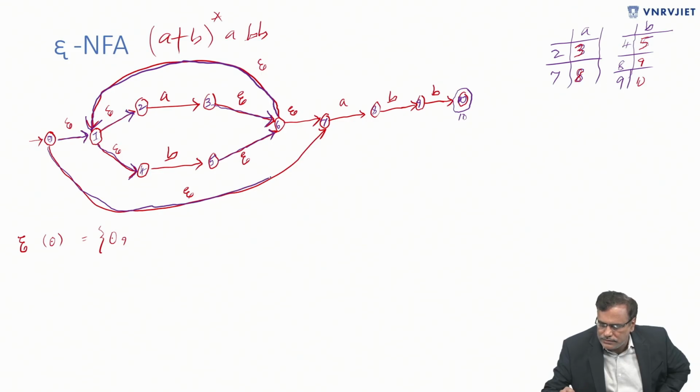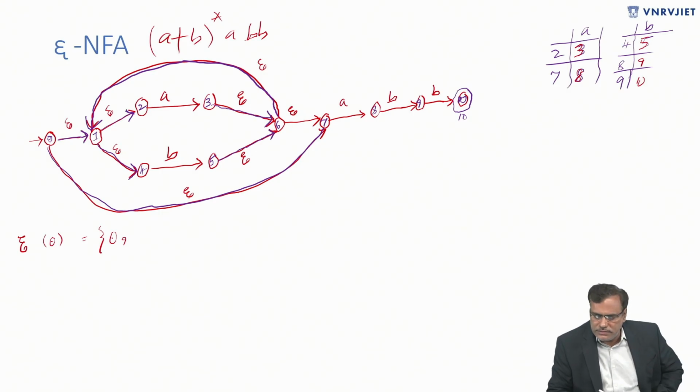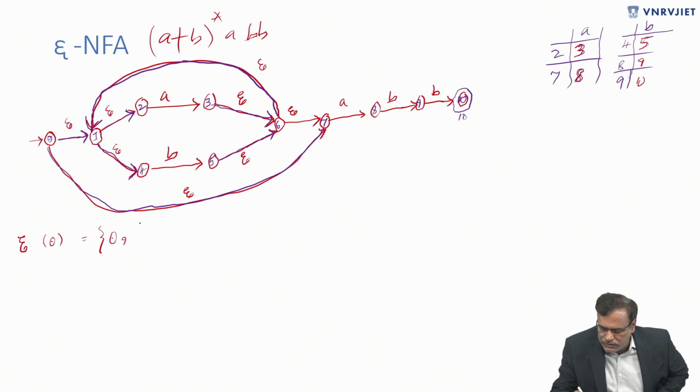So from 0, you can reach 1, so 1 can be added. And from 1, you can also reach 2. Along that path you have only epsilon transitions. Therefore, 2 can also be taken.